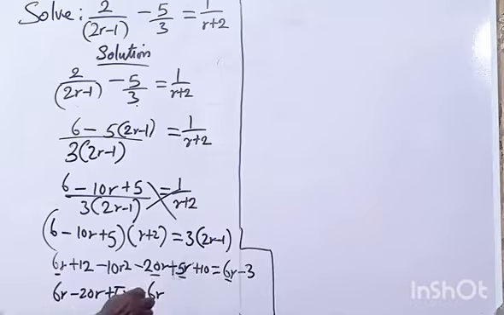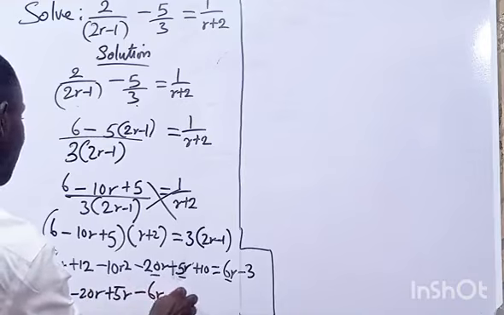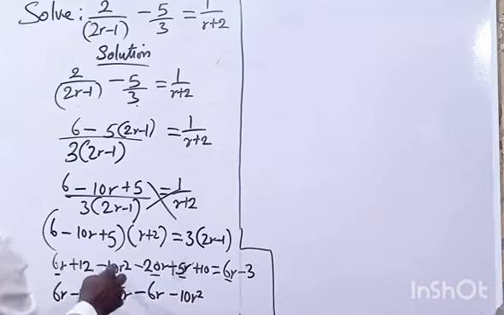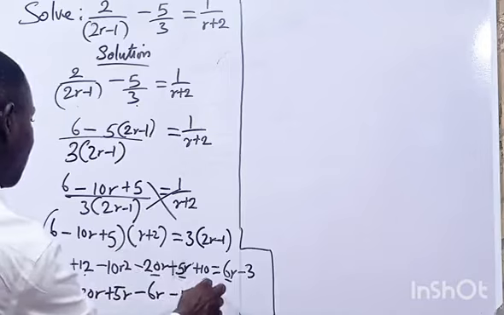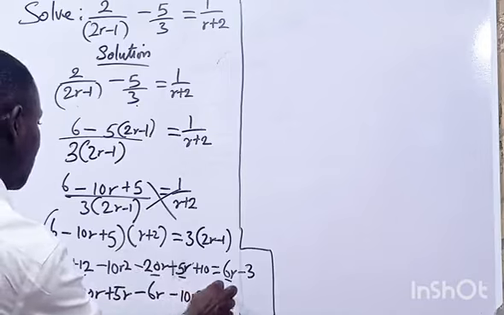We have picked all the x terms. Now let's go to x squared. Minus 10x squared. This is only the 10 with the square. After that, we now pick the constants. The constants are 12 plus 10. Now we have plus 12.